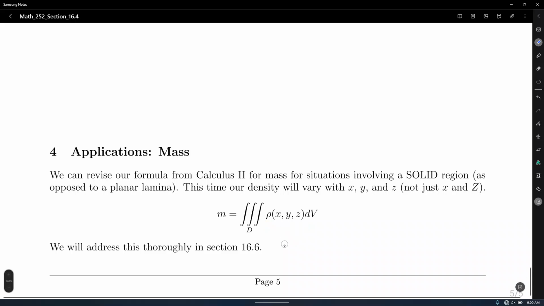So we would be finding the mass of the solid. That's because, from chemistry, density equals mass over volume. If you solve for mass, that is density times volume. Isn't that a density function times a volume differential? So density times volume equals mass. All right? However, that's going to be discussed in section 16.6, not in this section.